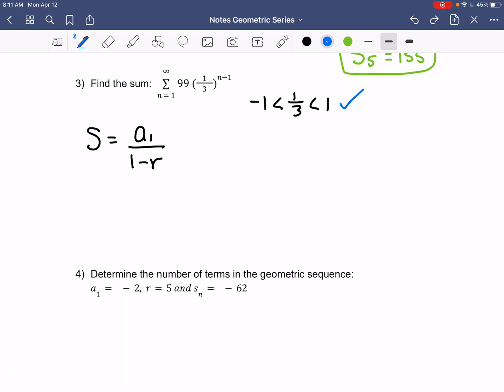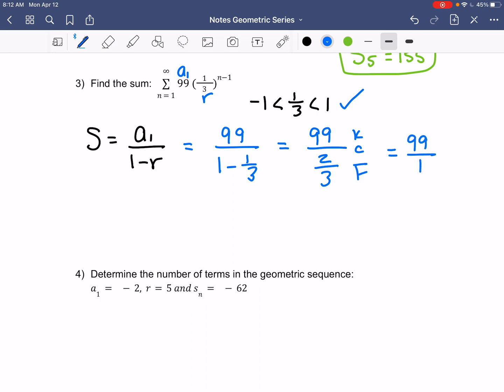All right, so a sub 1, my first term, is 99. R is my common ratio, that's 1/3. So I'm just going to plug those in. 99 divided by 1 minus 1/3. Some of you might use a calculator, but if you had a whole and you took away 1/3, now you have 2/3 left. And how do you divide by a fraction? You change, flip, or multiply by the reciprocal of the divisor.